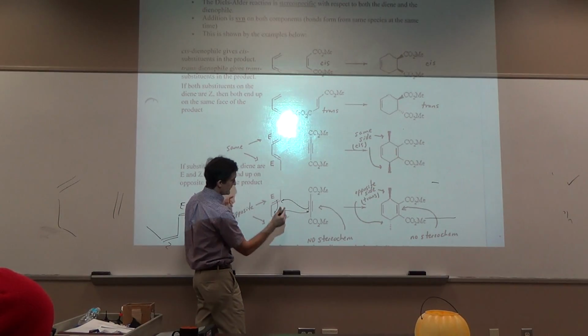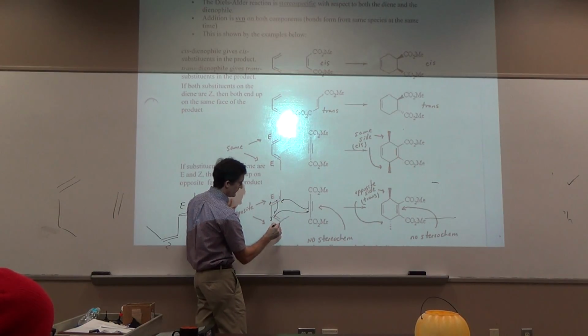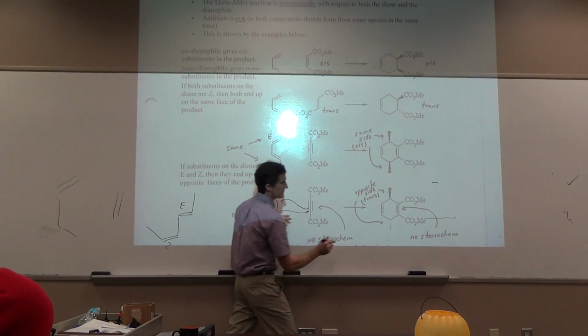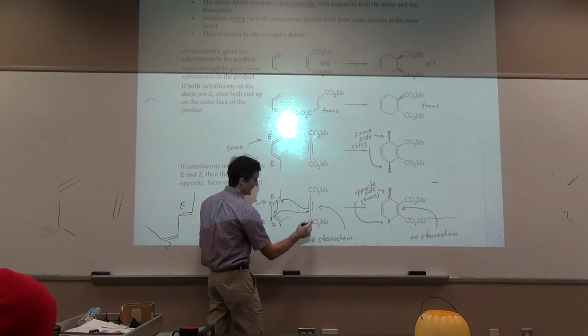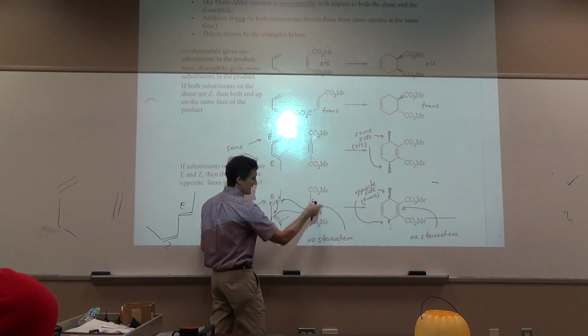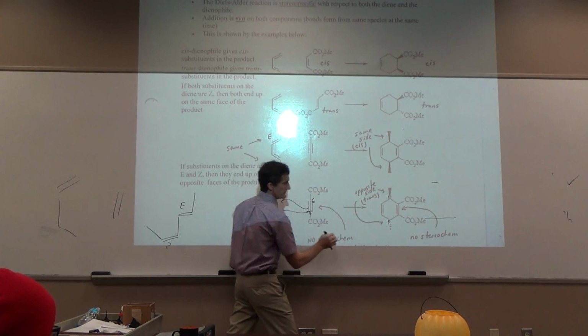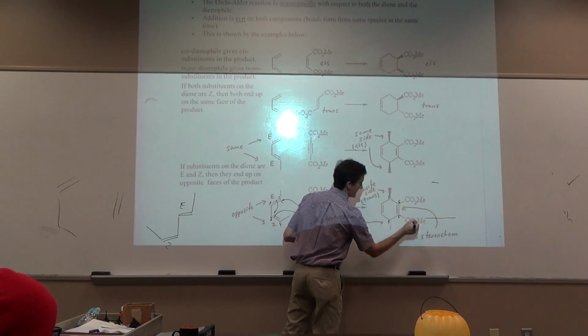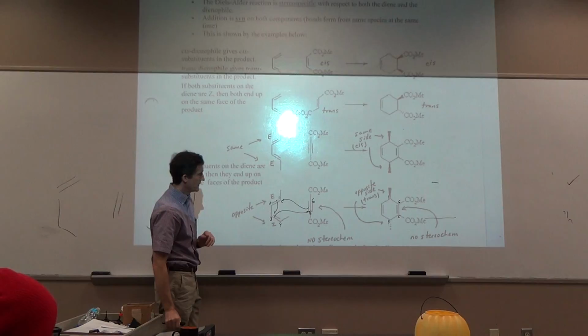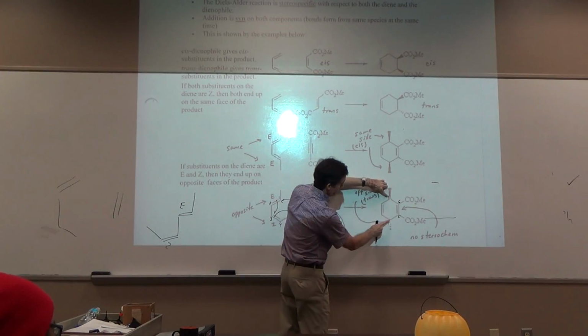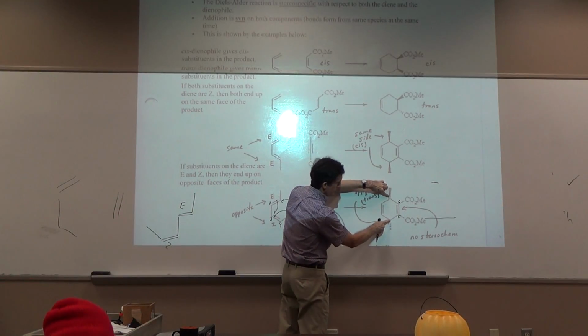2 methyls. If that's 1, 2, 3, 4, 1 and 4 have methyls. 5 and 6 have these methyl esters. Well, they're there. Look at our product. 1 and 4 are now tetrahedral, so we have forward and back.